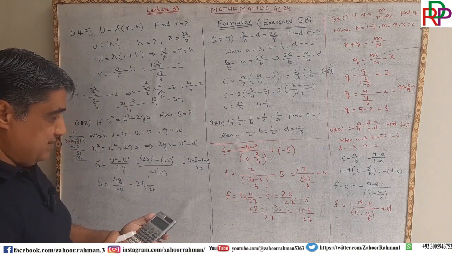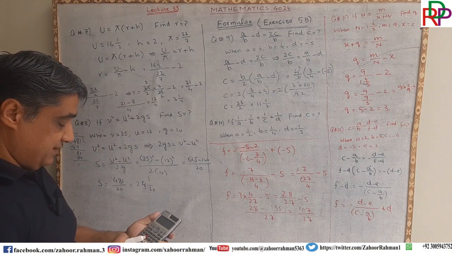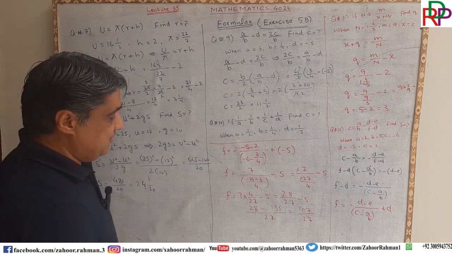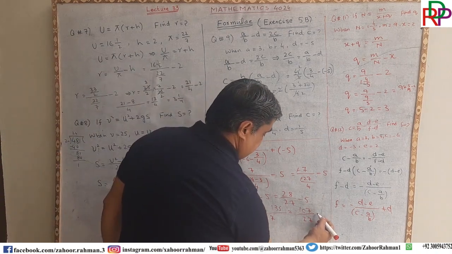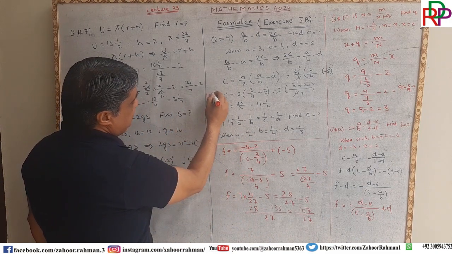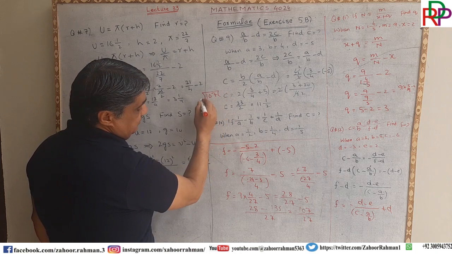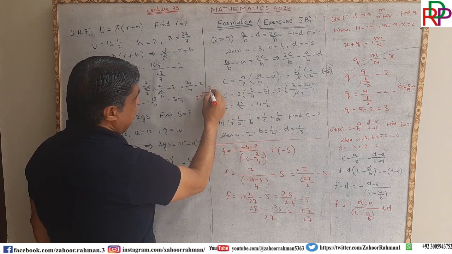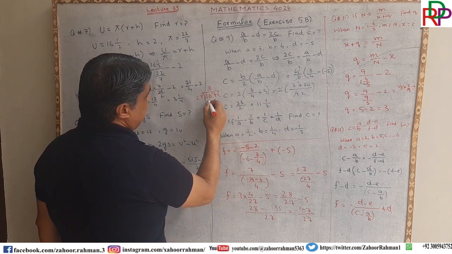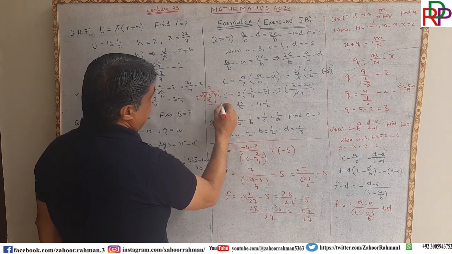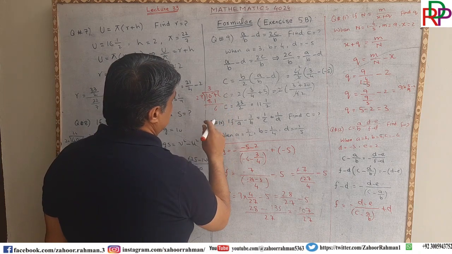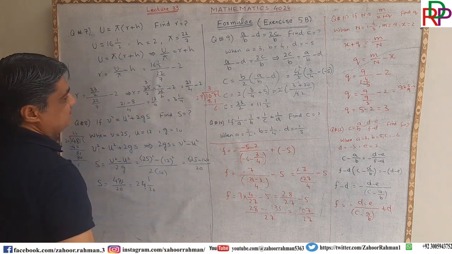So 107 divided by 27, that will give us 3. We divide 107 by 27 and get 3, 81, and we have 26.